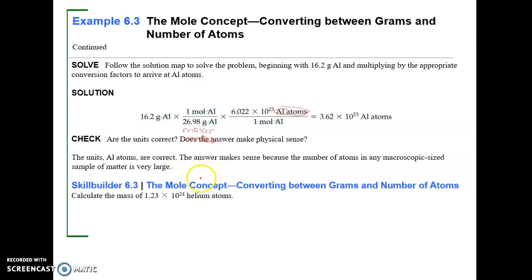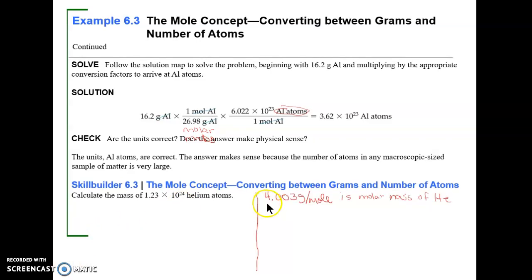All right, let's try this one. Calculate the mass of 1.23 times 10 to the 24 helium atoms. All right, I did a little bit of pre-work here, and I went ahead and I got the molar mass of helium for this next problem from a periodic table. All right, so this one says calculate the mass of 1.23 times 10 to the 24th helium atoms.